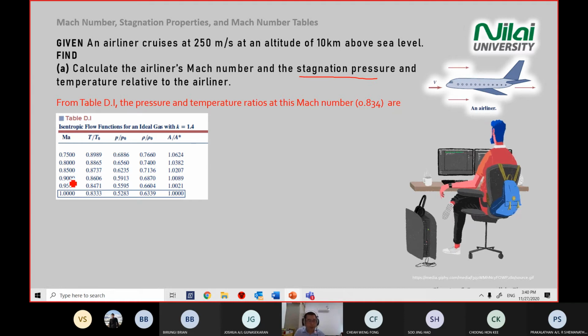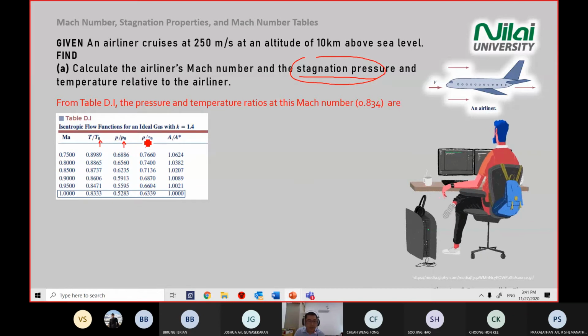You have a few columns. The first column is Mach number. The second one is the ratio of temperature, T divided by T0, where 0 means stagnation. The next is pressure, meaning pressure over stagnation pressure.